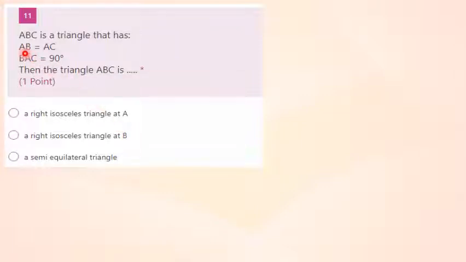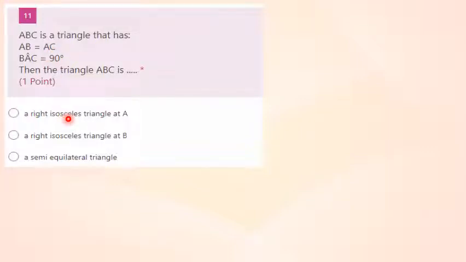Let's look together. AB equal to AC. So A is a common vertex. It's the main vertex of isosceles triangle since it holds the two sides that are equal.